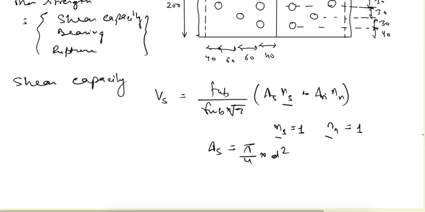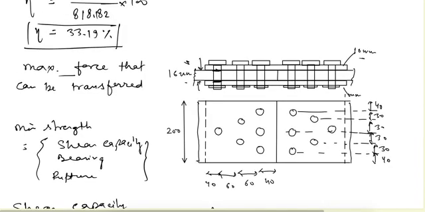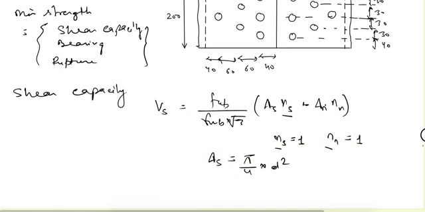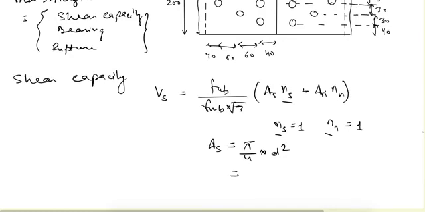So here also the same things are given about the bolts, that is M20 and grade 4.6, and plate is Fe415 and so fy would be 250. So M20, dia would be 20 mm, so As is equal to pi by 4 into 20 square and An is equal to 0.78 into pi by 4 into 20 square.